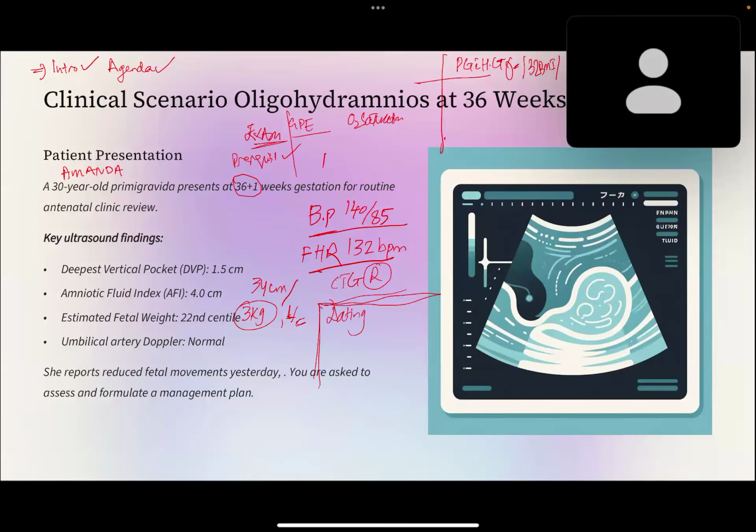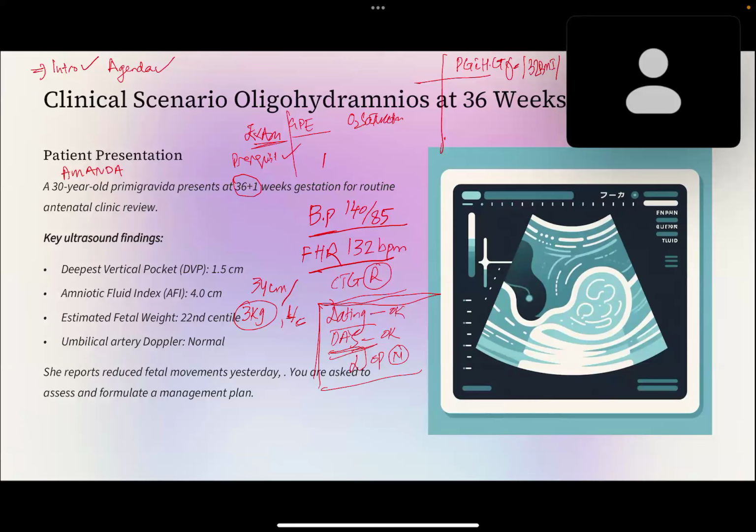Dating scan is correlating with the date, and the detailed anomaly scan doesn't have any significant anomaly. Any reports of previous Dopplers, because she's been visiting the GP as well? Doppler is done by the OBGYN. Normal.